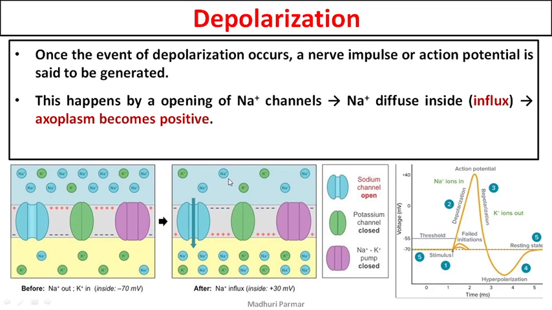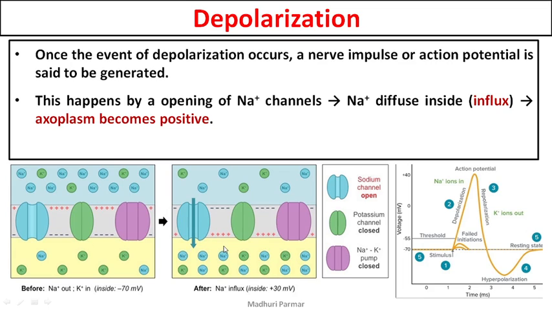All of this sodium will try to move inside towards its concentration gradient. It is more outside and less inside, so it will start coming in from outside all at once. This is called sodium influx. When there is increased diffusion towards the inner side, it is called influx. Because of this sodium influx, the axoplasm, which used to be negative, look at this diagram, was negative.